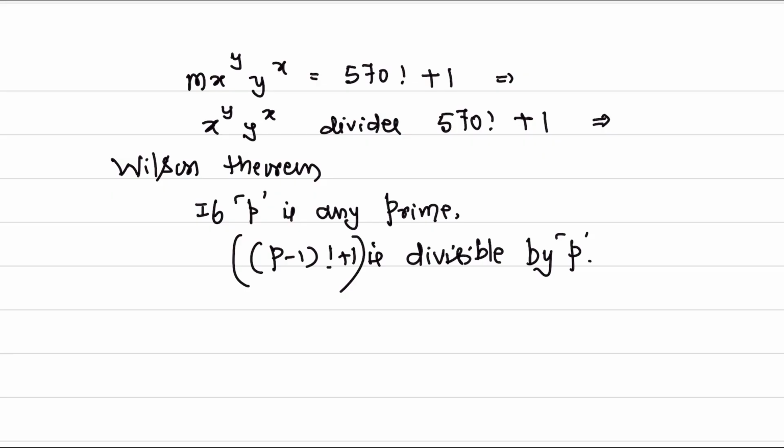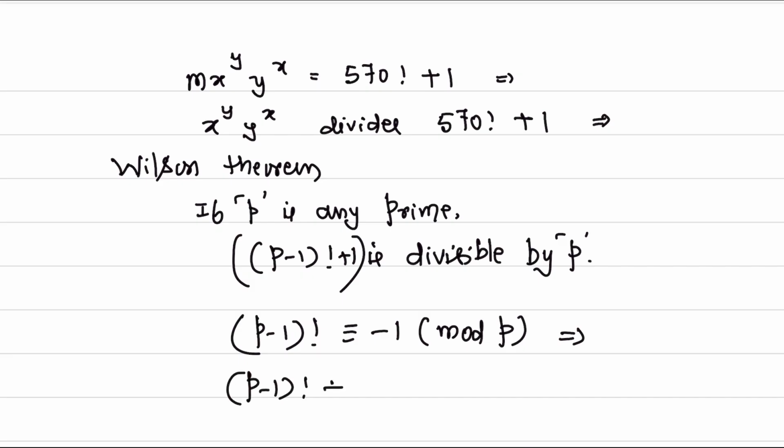That we can write in modular arithmetic. We'll write p minus 1 factorial is equivalent to minus 1 mod p. This only I have translated. This minus 1, let us bring it to the left hand side. p minus 1 factorial plus 1 is equivalent to 0 mod p. 0 mod p means there is no remainder.